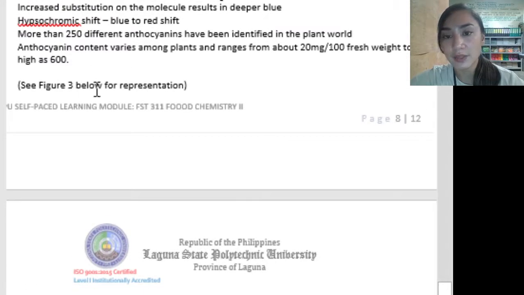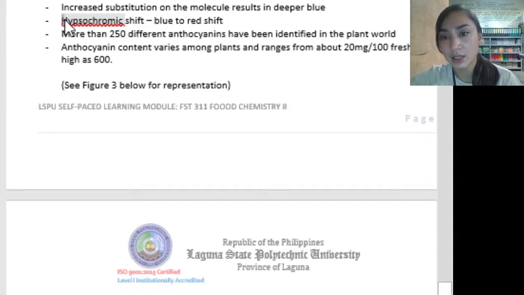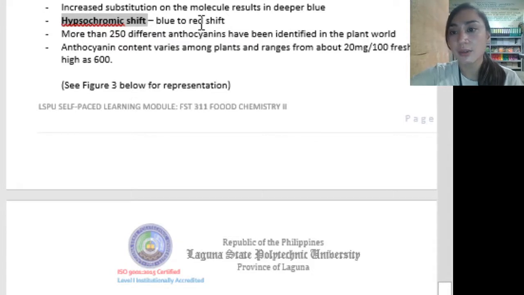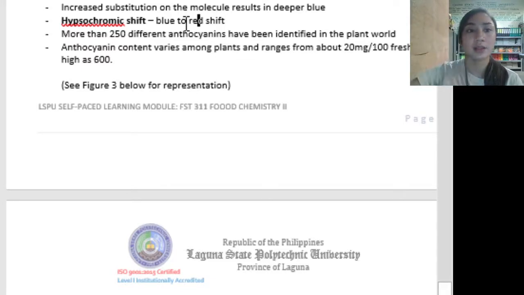Okay, so we have this term called hypsochromic shift. Ito yung color ng from blue to red na shift.